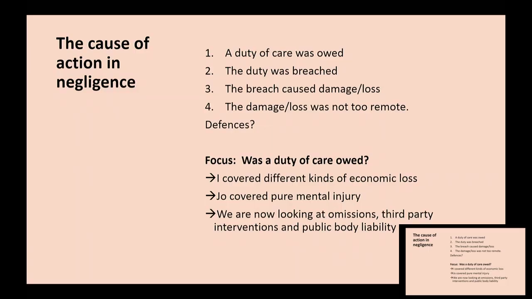The reason is because it's usually caused in the process of not damaging something we have, but something we desire to acquire. We started with negligent misstatement that causes pure economic loss, and to show a duty of care there, you need to show an assumption of responsibility. Then we moved to relational economic loss, and the position there is a bit less clear.